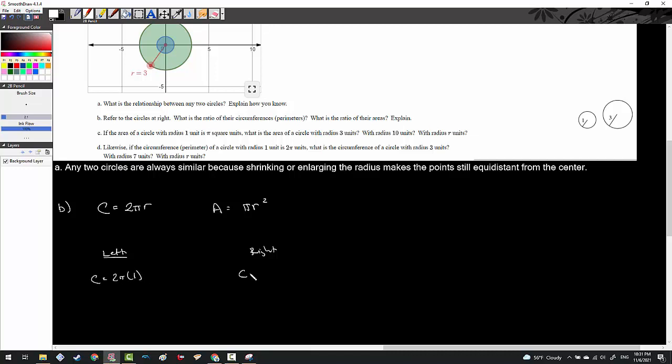The circumference of the right circle is going to be 2 pi times 3. So 2 pi versus 6 pi. So yes, our scale factor for the circumference is 3, and we saw that happen in the last chapter where the perimeter's scale factor was always the same as the linear scale factor or the side scale factor.